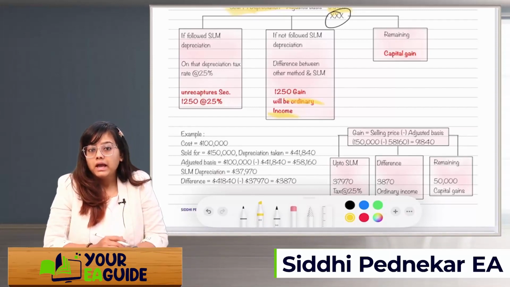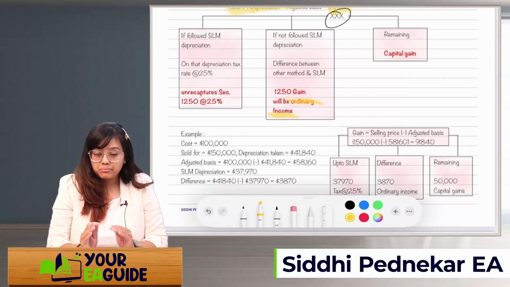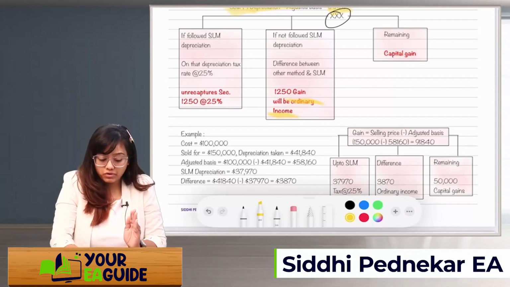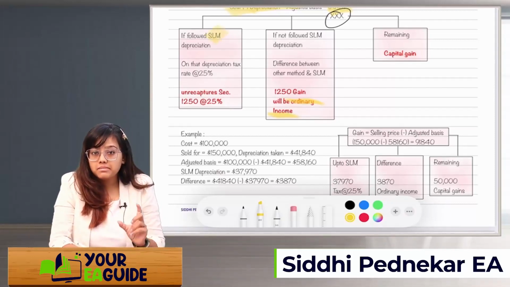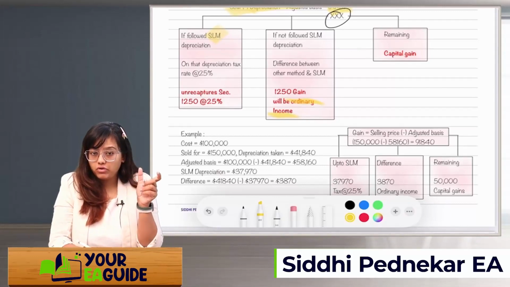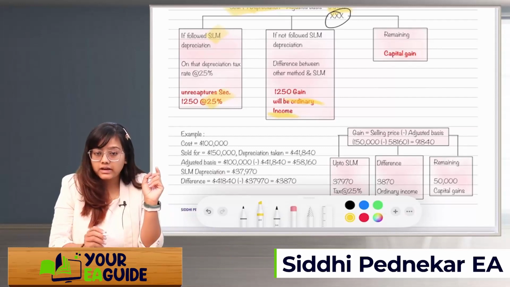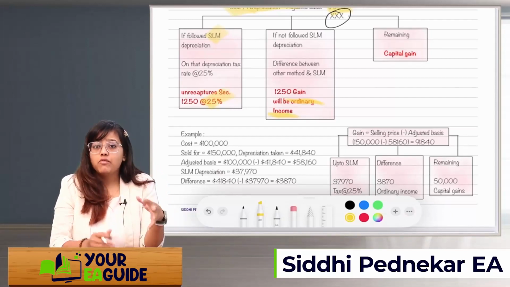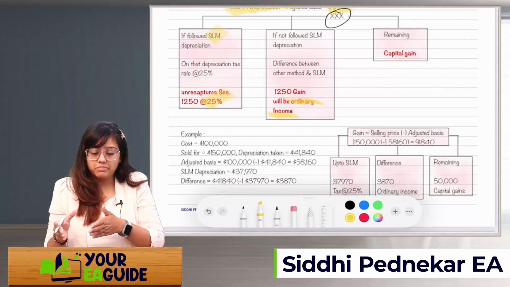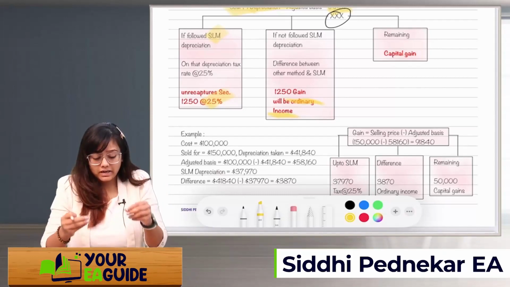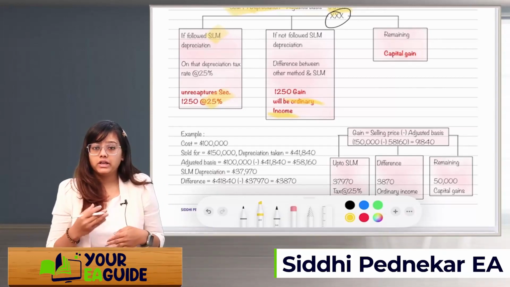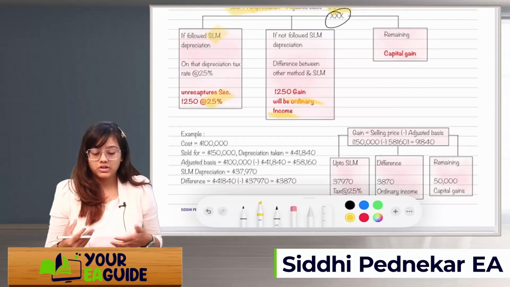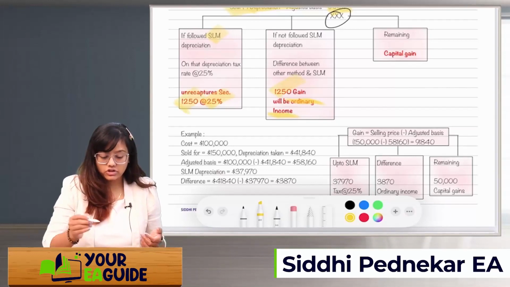Unrecaptured gain is just up to the amount of SLM. If you have followed the SLM method, just take that whole depreciation and tax it at 25%. But if you have not followed SLM, whatever is the difference between the two depreciation methods, consider it as ordinary income. That is your 1250 gain recapture.